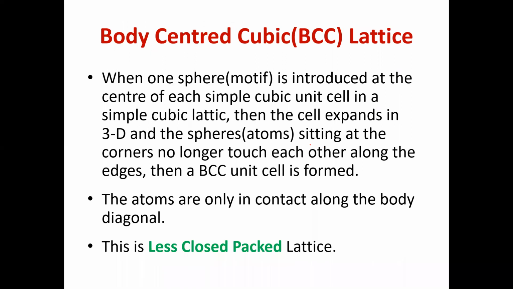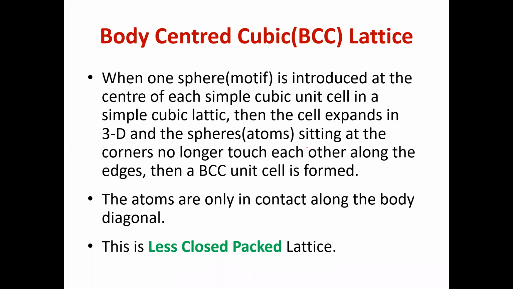And then less close packed. In a less close packed lattice, which is produced from a simple cubic lattice, when you introduce one sphere at the center of every simple cubic lattice, then that is no longer a loose packed lattice.